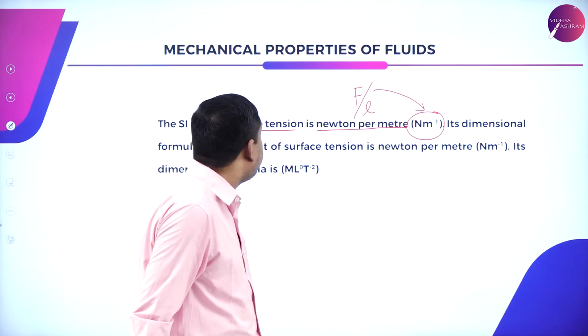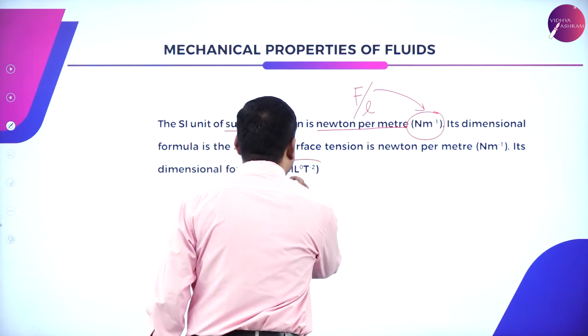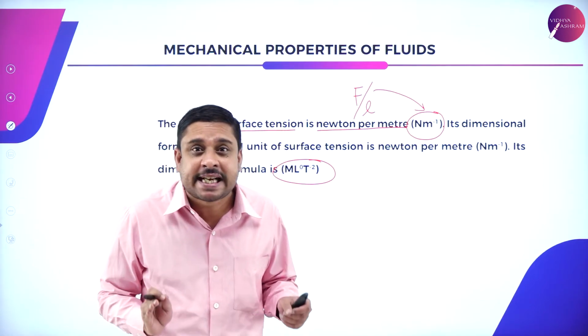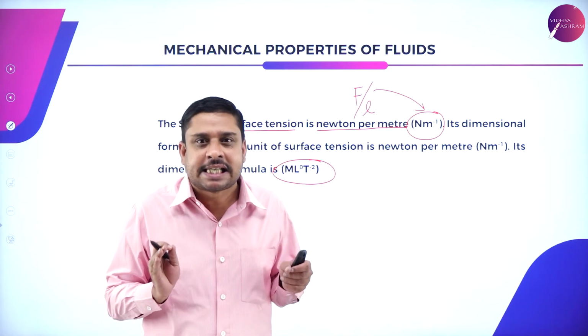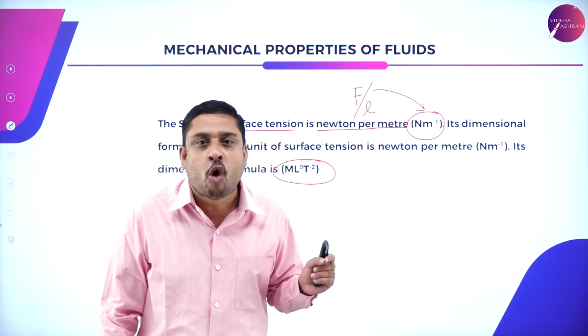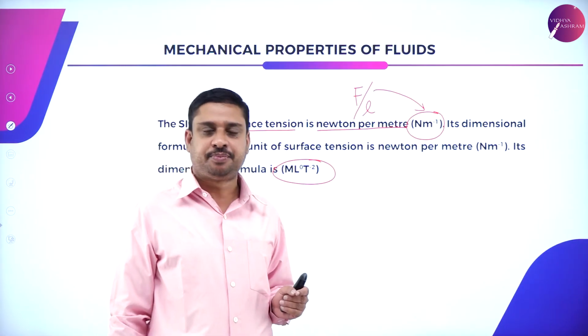Its dimensional formula is MT^-2. So remember, physically, surface tension is force per unit length of the liquid.